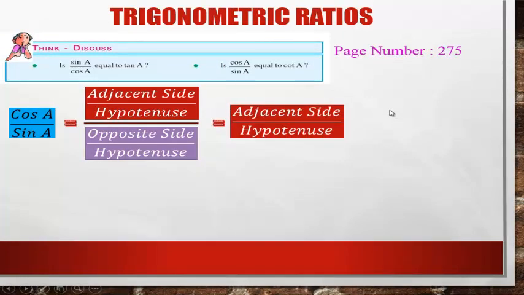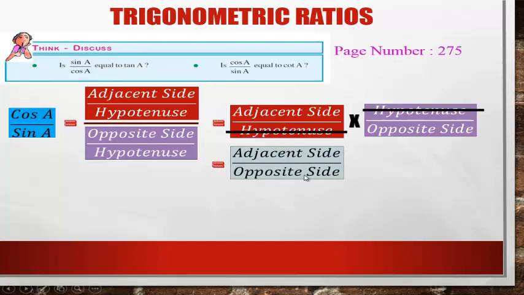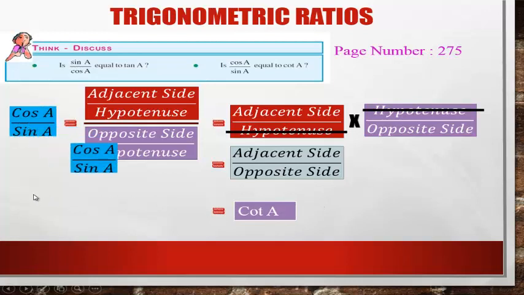That is, opposite side by hypotenuse becomes hypotenuse by opposite side. Here, the hypotenuse in the numerator and the hypotenuse in the denominator get cancelled. Remains adjacent side by opposite side, which is cot A. Therefore, cos A by sin A equals cot A.